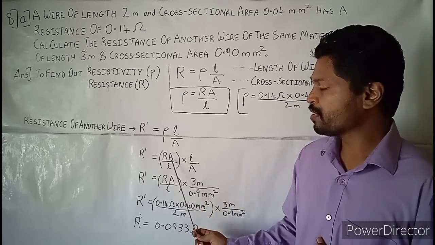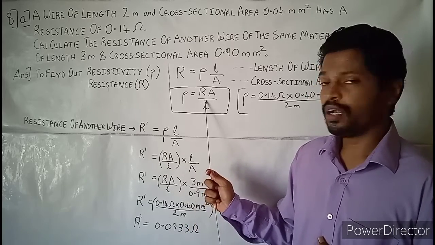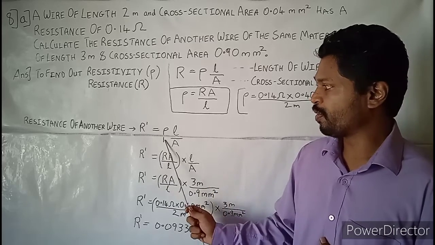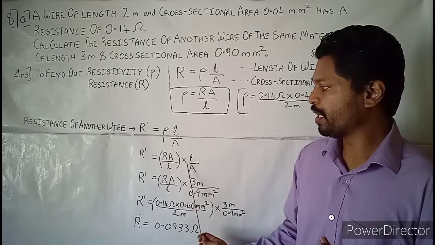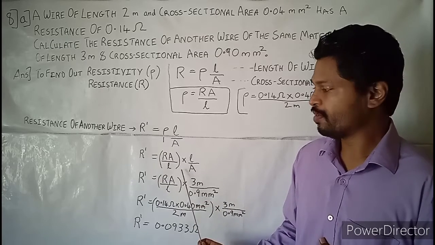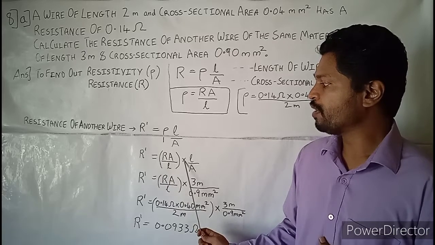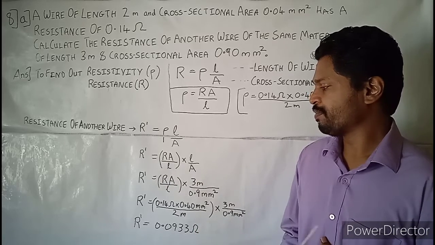Here in place of rho you have put R into A divided by L, and this same you are bringing down. So R into A divided by L into L divided by A.